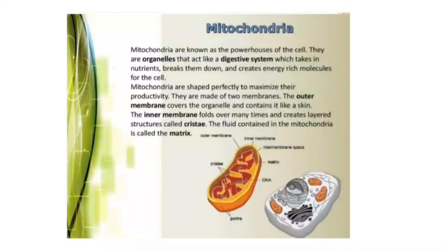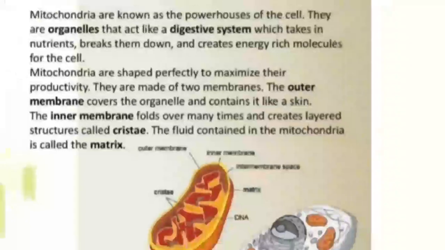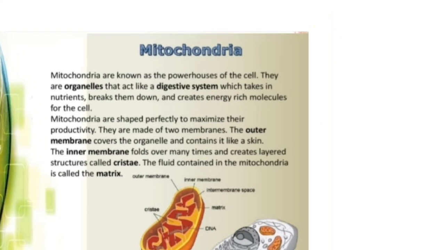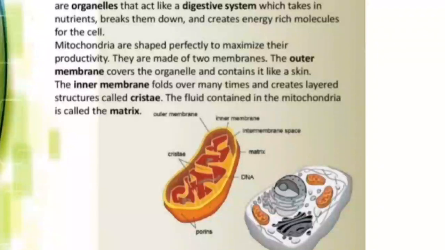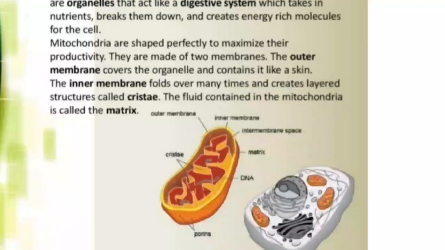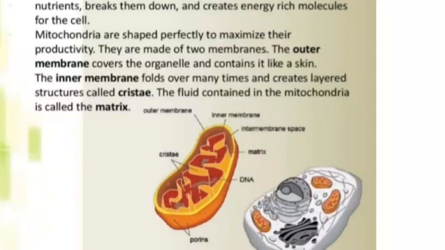Mitochondria are shaped perfectly to maximize their productivity. They are made up of two membranes. The outer membrane covers the organelle and contains it like a skin, and the inner membrane folds over many times and creates a layered structure called cristae.